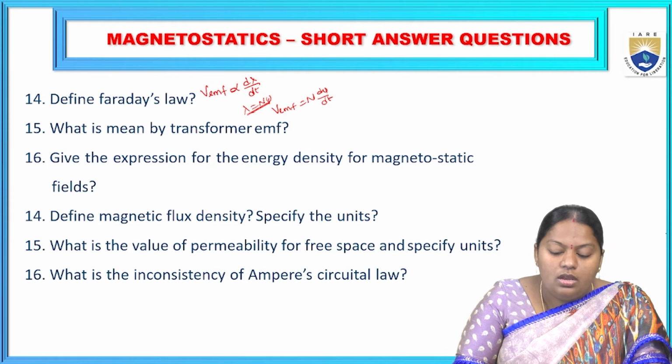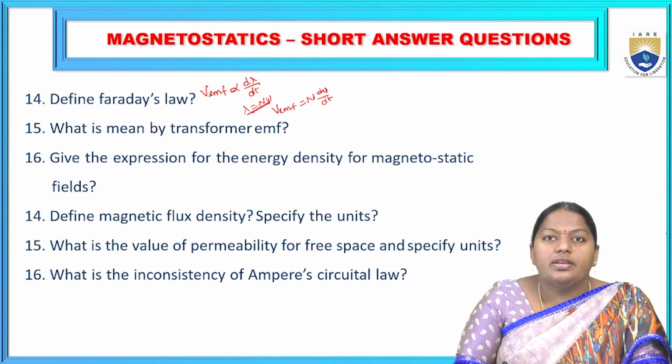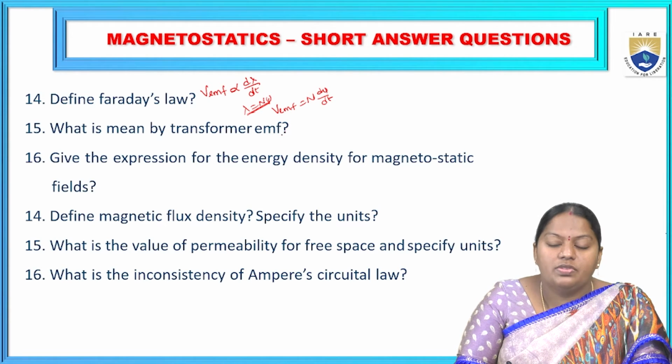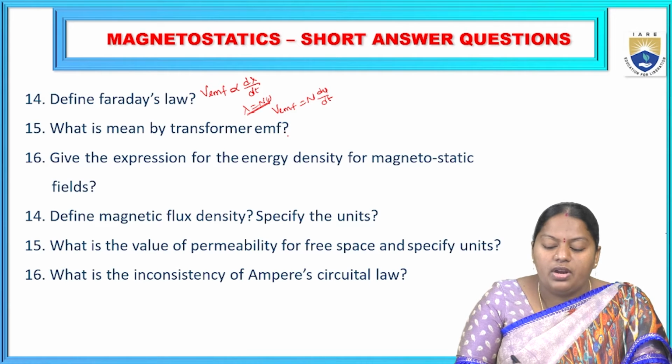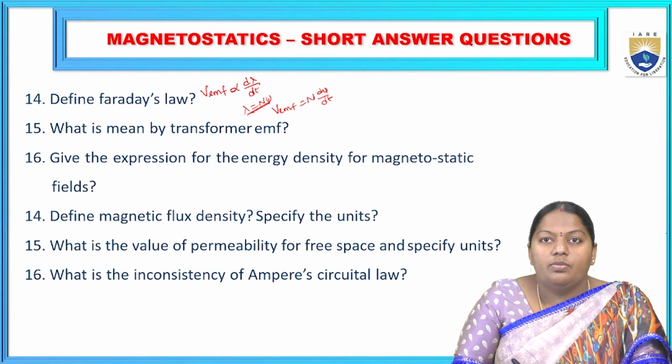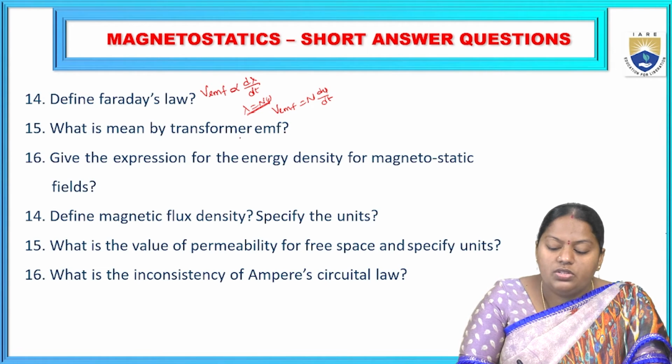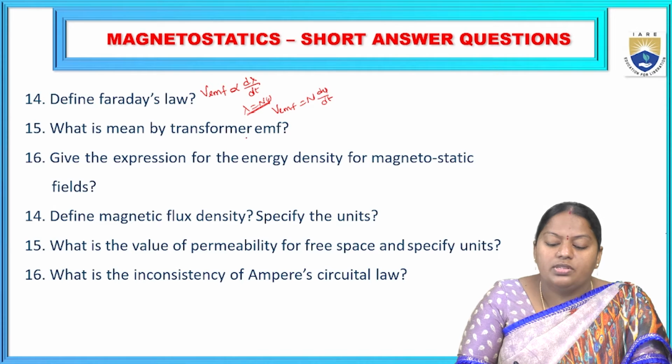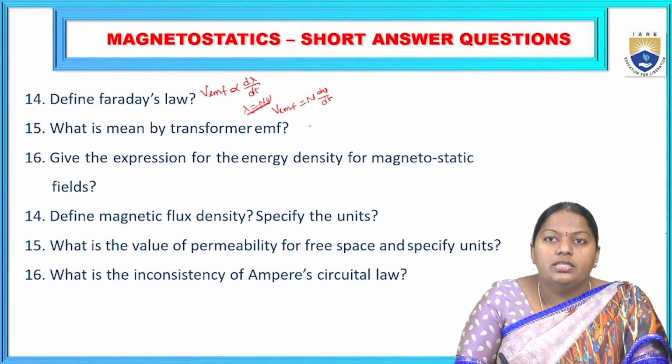Okay, next, what is meant by transformer EMF? Depending upon Faraday's law, one of Maxwell's equations for time varying fields, we define two types of EMFs. One is transformer EMF and another one is motional EMF. For stationary charges, the produced EMF is called transformer EMF, given by V_EMF equal to minus d psi by dt.